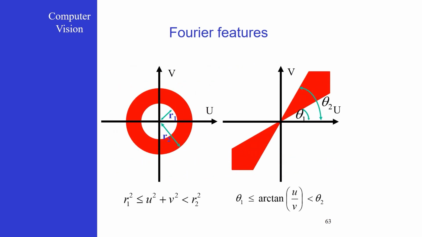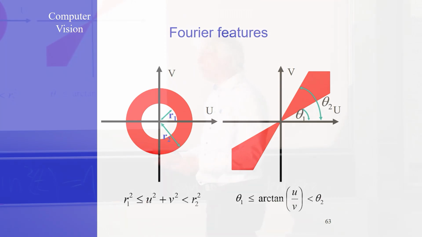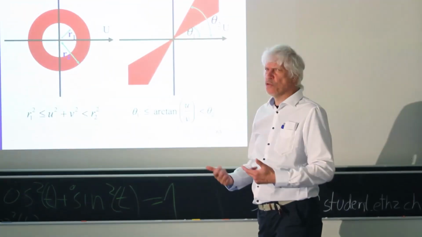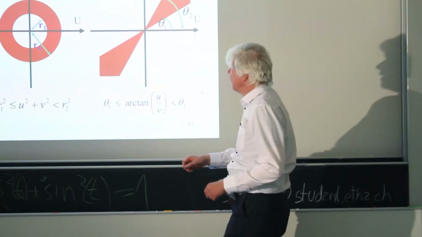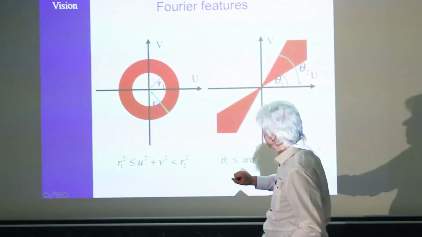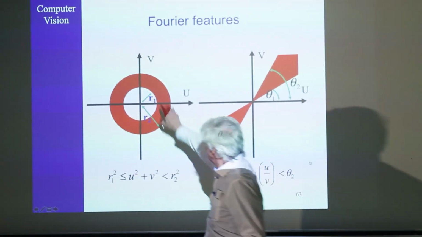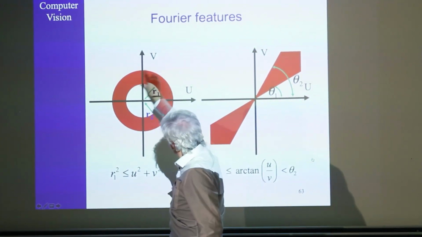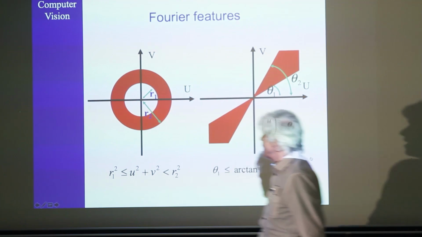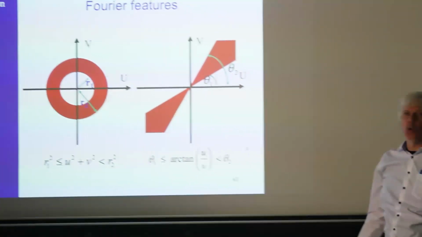So which features have people been proposing from the power spectrum? We cannot simply start analyzing all the numbers in the power spectrum. That would be a huge vector. No, we summarize them. And here are two examples. For instance, we take in this UV space, for the power spectrum, a ring, and within that ring we sum all the energies.